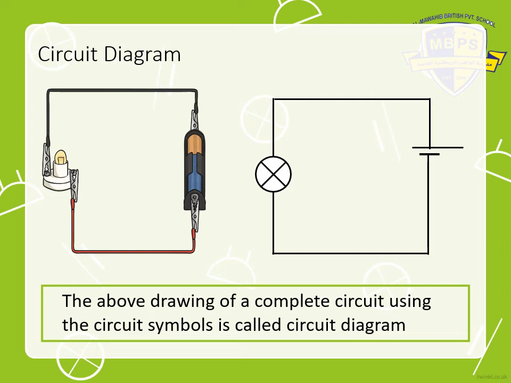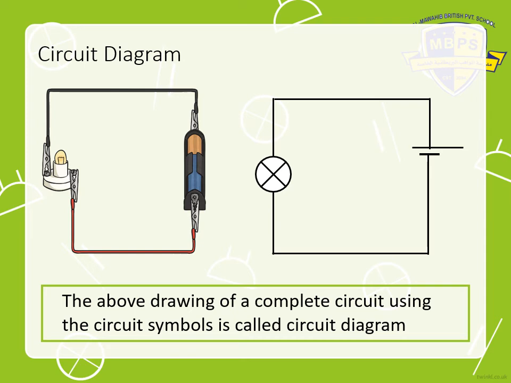Circuit diagrams are used by engineers, especially when they're constructing buildings, when they want to put in the circuits in different buildings. And not only in buildings, all types of electrical engineers use circuit diagrams to fit different components and make different components, and different circuit diagrams are made. This is one of the easiest, having one lamp, a set of wires and a battery.